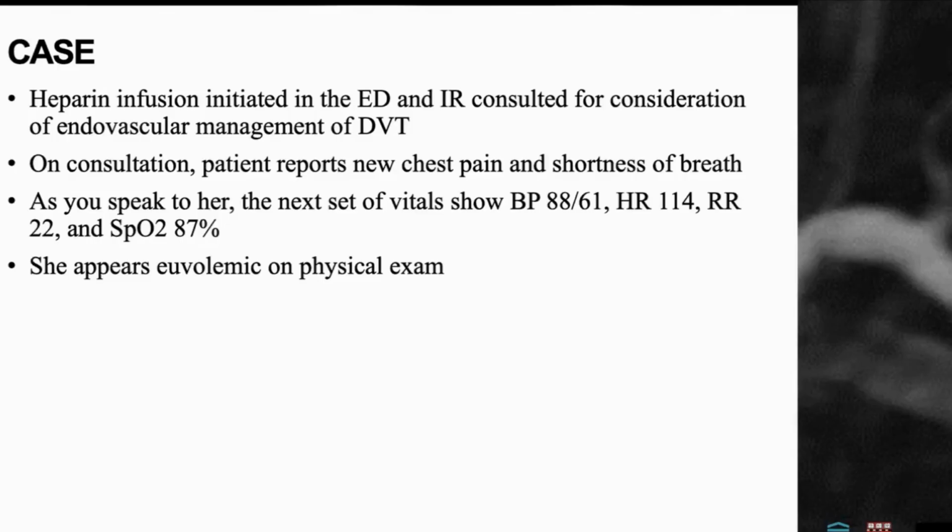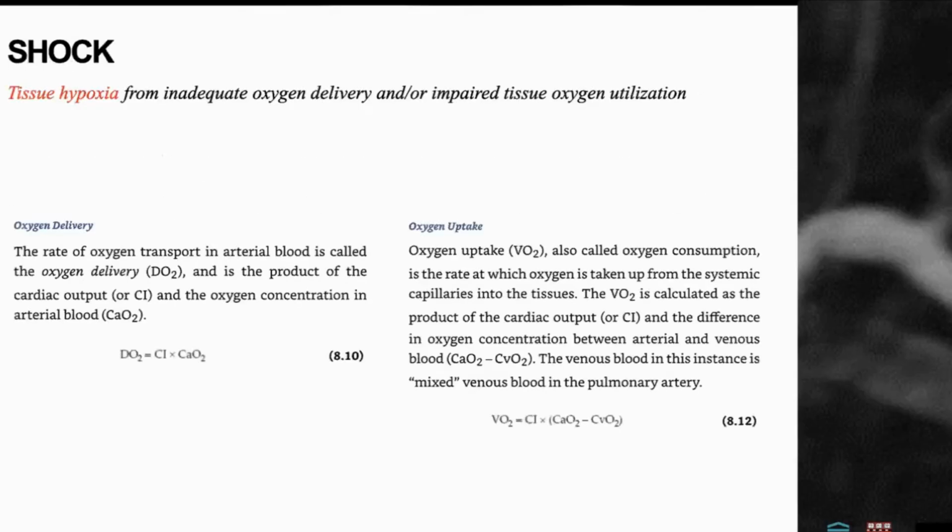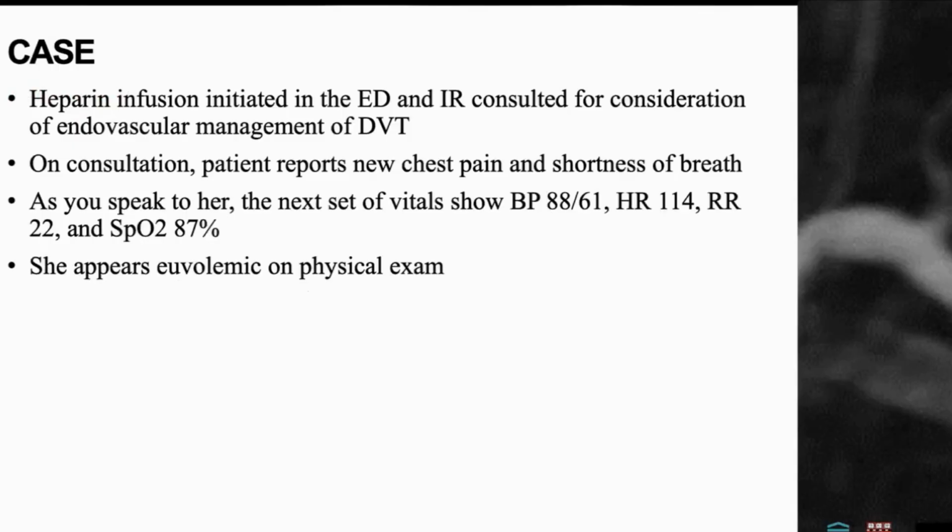However, when you get there, the patient says, "Hey, doc, I'm having some chest pain and some shortness of breath." And then when you're speaking to her, you glance up at the vital screen, and it shows her blood pressure is 88/61, and she's tachycardic, and maybe she's a little hypoxemic as well. So what do you do, right? Well, looking back at this, you've got to put things into buckets.